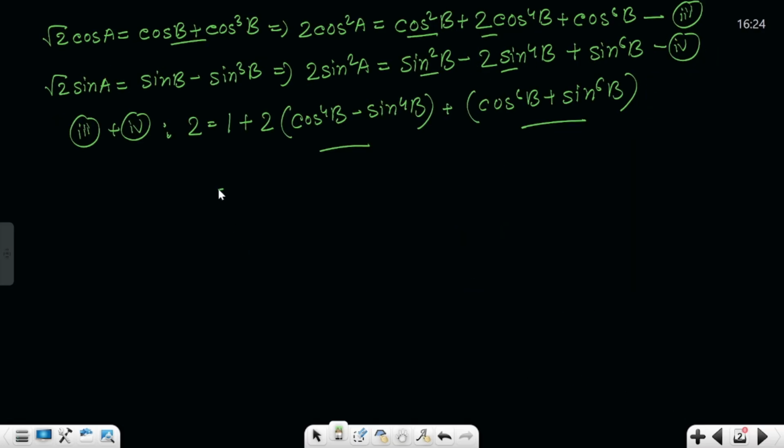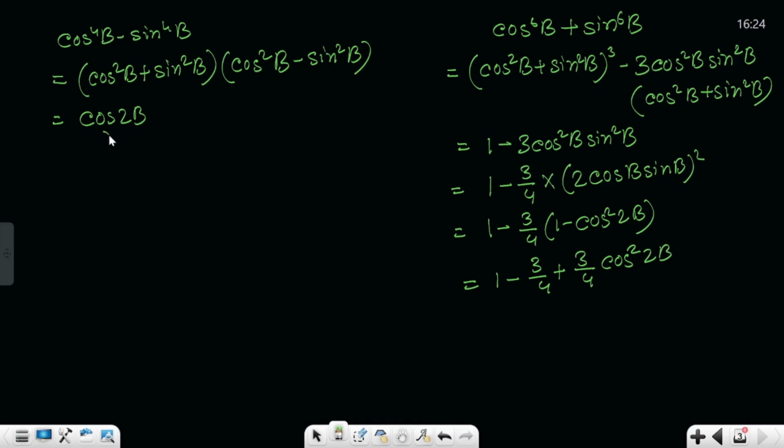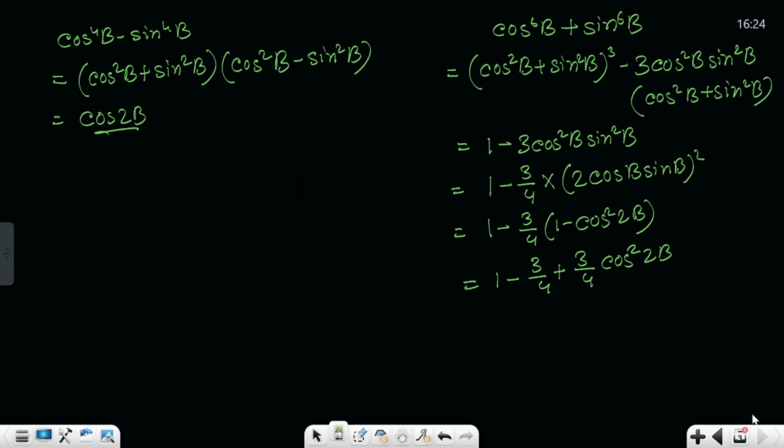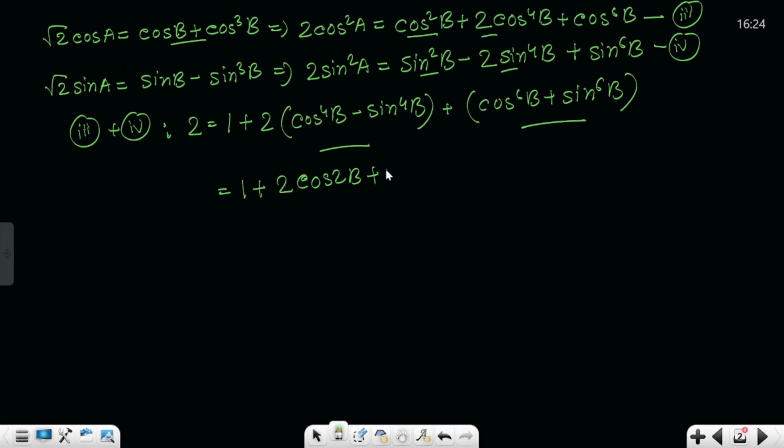So, it will be 1 plus 2 cos 2b, since this expression is equal to cos 2b. Plus, here it is cos 2b. So, we got that this is equal to this. So, this is 1 minus 3 by 4 plus 3 by 4 cos² 2b.